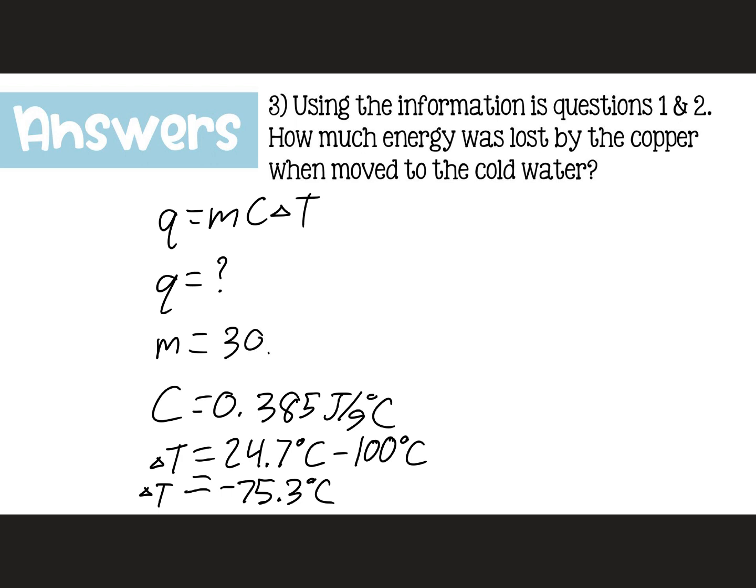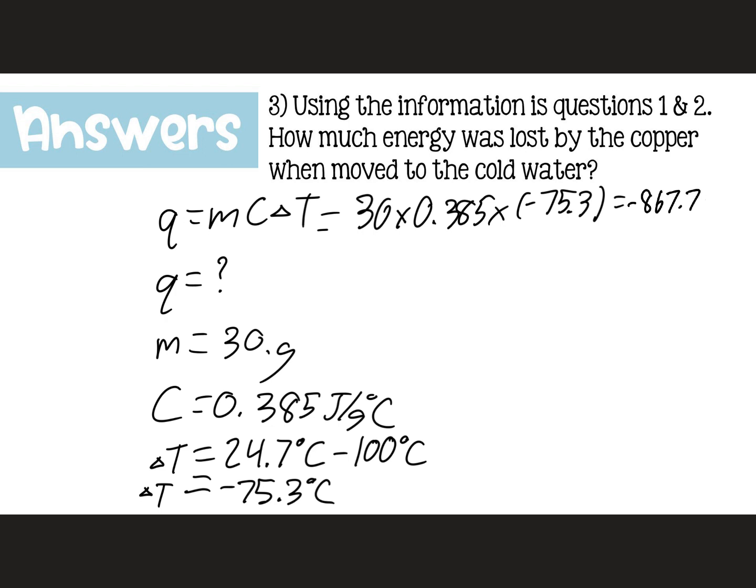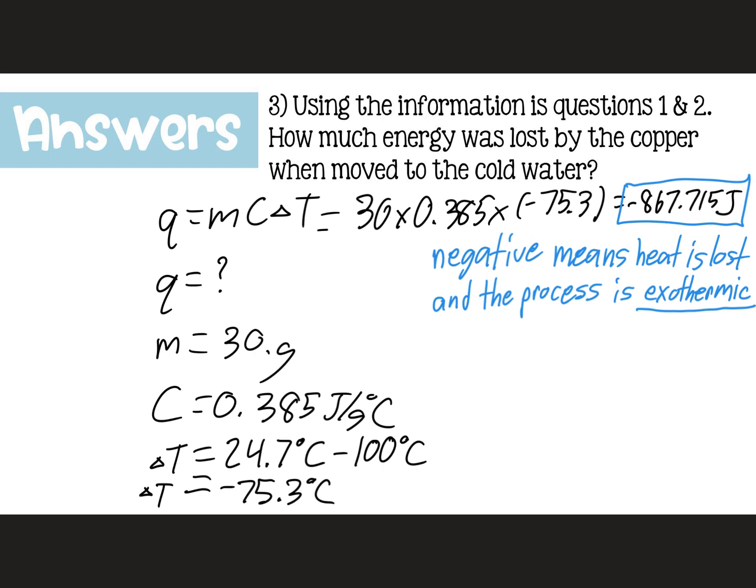So when we plug all this into our equation, we get Q equals 30 times 0.385 times negative 75.3, or negative 869.715 joules. Now remember, negative means the process is exothermic, or heat was lost, whereas positive means the process is endothermic, or heat was gained.